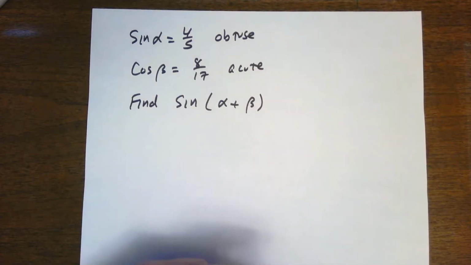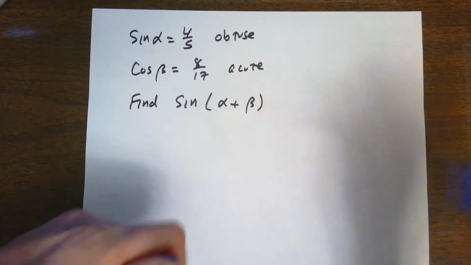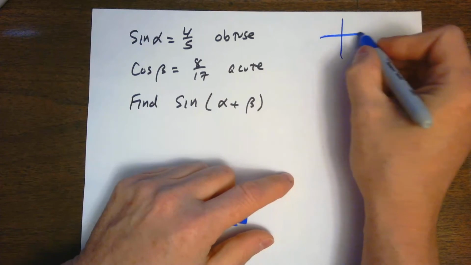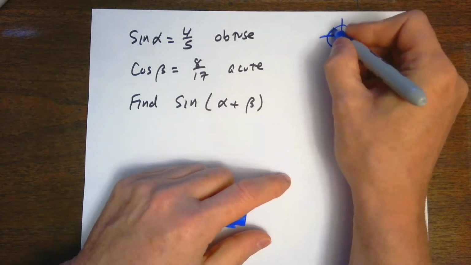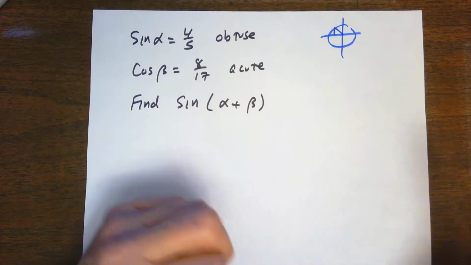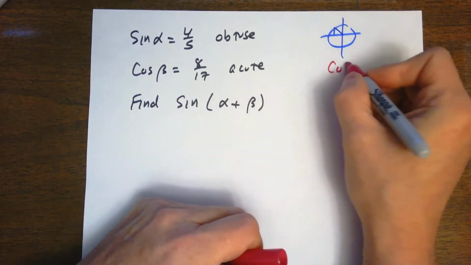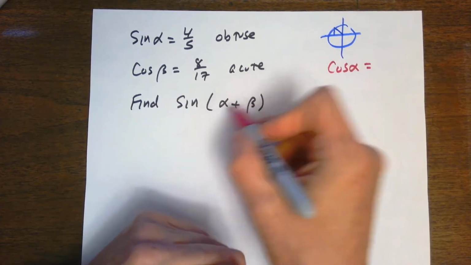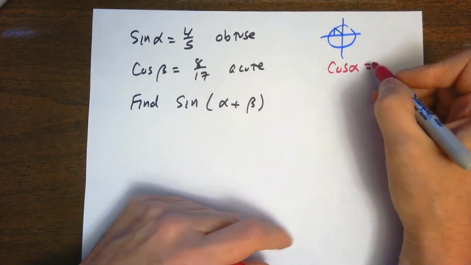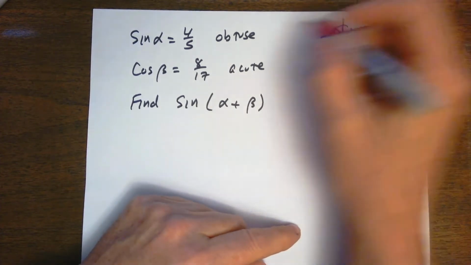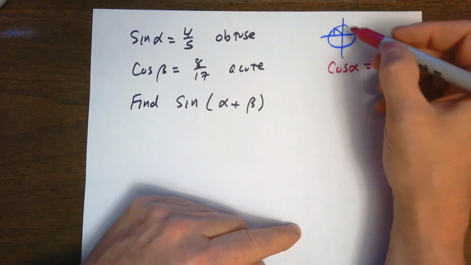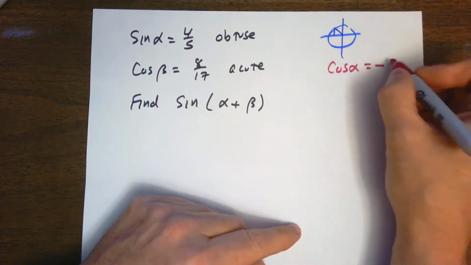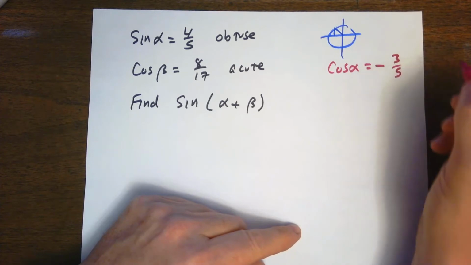If you need to draw your unit circle, 4/5. What's the cosine of that angle going to be? What's the cosine of alpha? I'm going to need that in a minute for my substitution. The cosine, well, in the second quadrant, sine might be positive, but cosine is negative. Cosine is adjacent, so that's 4/5, 3/5, cosine 3/5.